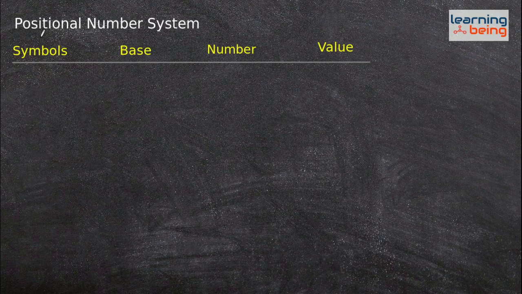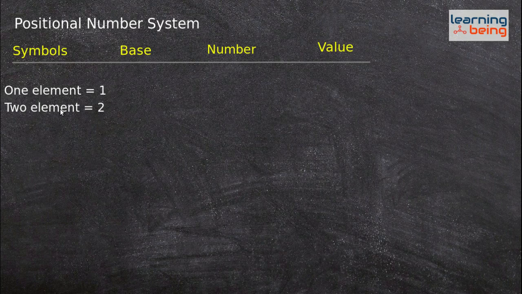Now, what are the symbols? Symbols means some particular set of symbols which is used to represent the count. For example, if we have one element, to represent the count of one element we use this symbol, called 1. To represent the count of two elements, we use this symbol 2.